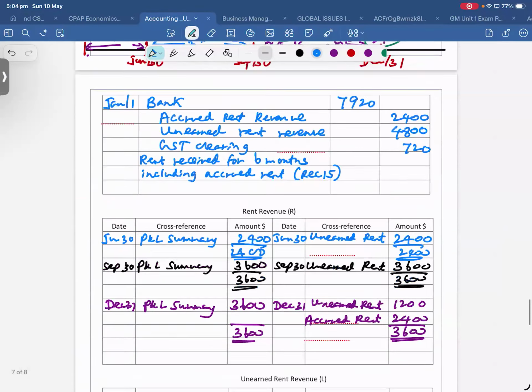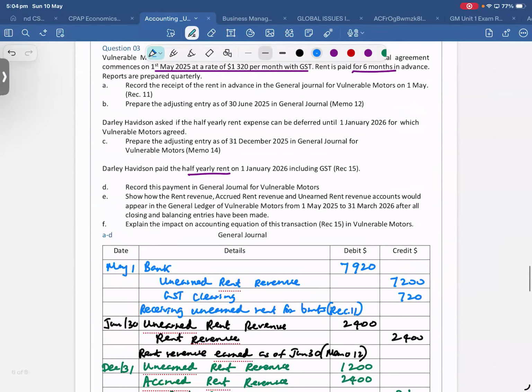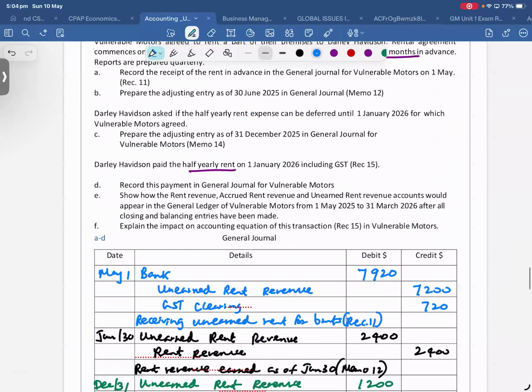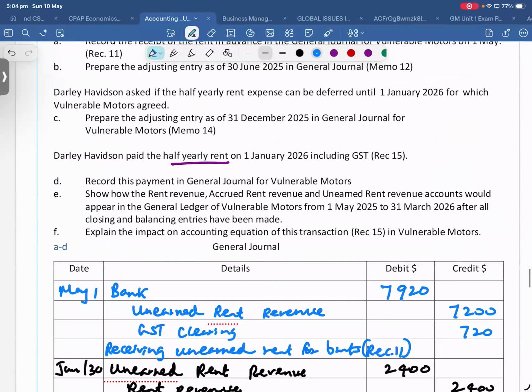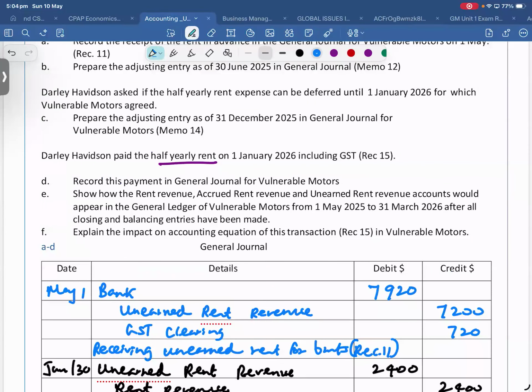Okay, guys. Now, last question is theory. Explain the effect on the accounting equation of this transaction, receipt 15 in Vulnerable Motors.